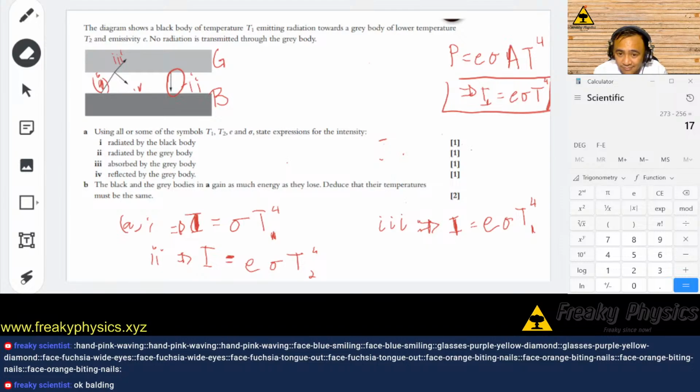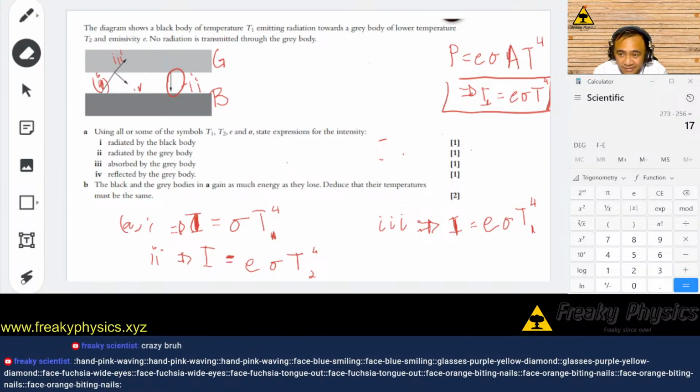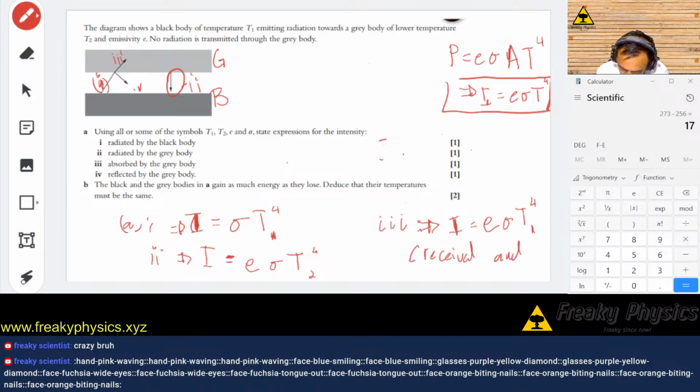Right, it is. That's the temperature that's being received by the gray body. Exactly. So that's why, let's just label that here. So received and absorbed to be more specific, right? And absorbed.